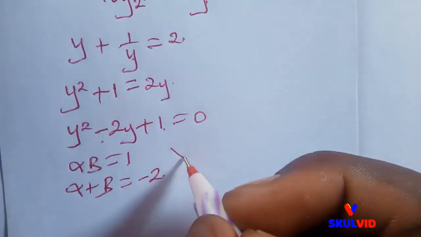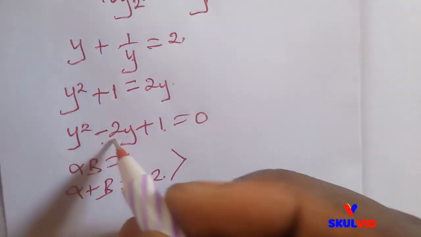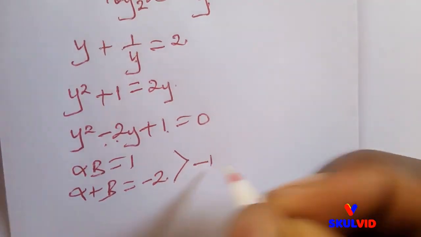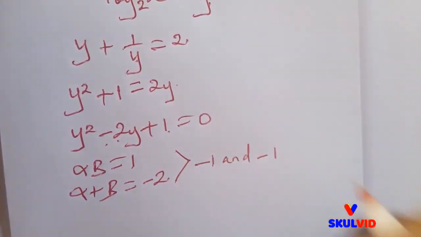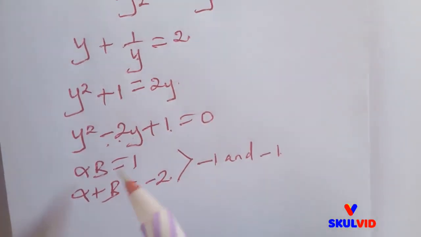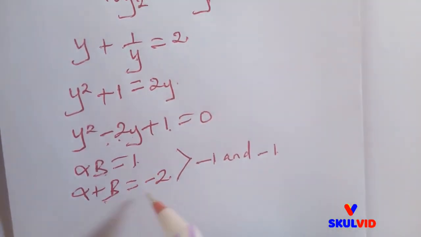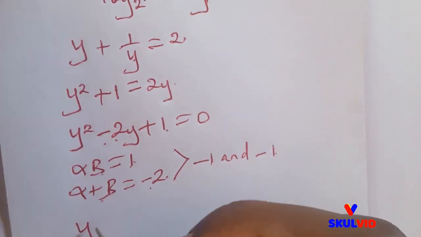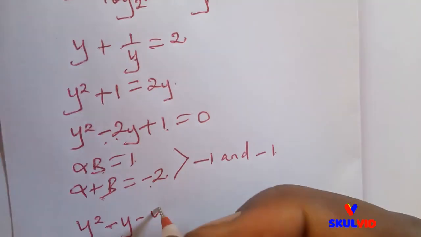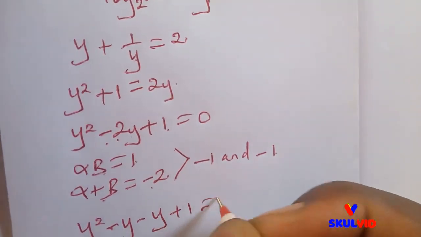So the two numbers that I'm going to use in factoring are negative 1 and negative 1, since these are the values that will give a product of 1 and a sum of negative 2.